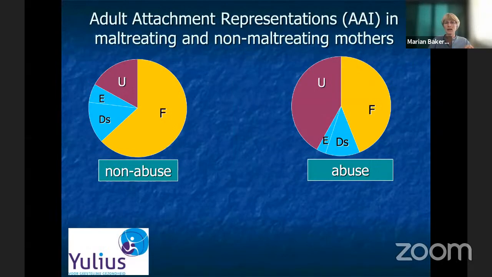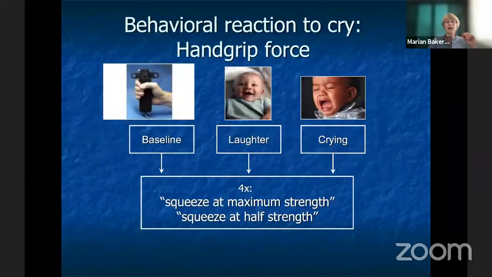We found that when they were interviewed with the AAI, in the abuse group, the percentage of secure interviews was lower than in the non-abuse group, and the group with unresolved loss was higher than in the non-abuse group. And also in these groups, we asked them to squeeze the hand grip dynamometer at maximum strength and at half strength, both during baseline, during listening to infant laughter, and listening to infants crying.